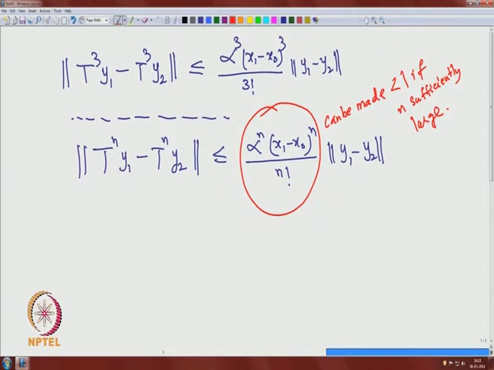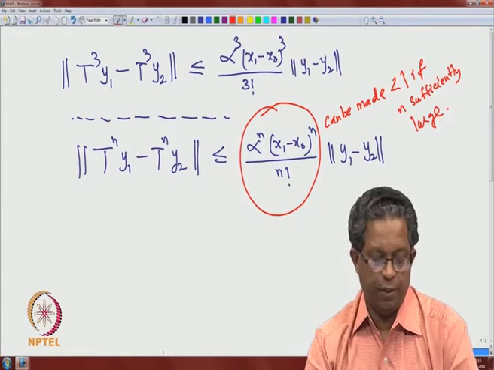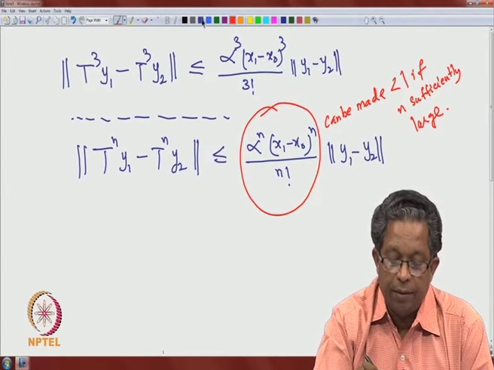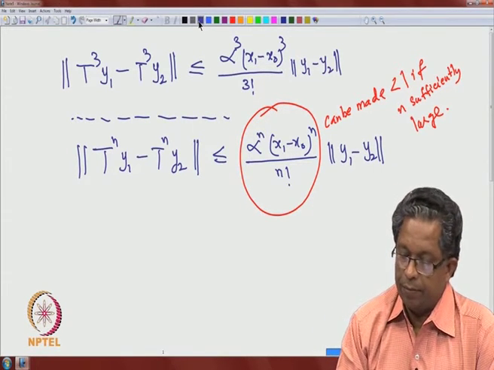So, therefore, without any additional conditions on the Lipschitz constant of f, we have seen that Tn is a contraction.